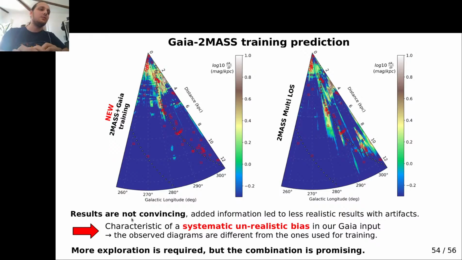And looking at them carefully, we are confirming that this is the case and that there are systematic differences between the two. And it is as well confirmed by the fact that if we look at our test set, so using modeled CMD, adding Gaia improves our prediction results. So it is just a matter of making this Gaia diagram much more realistic, and this is something that we are working on.